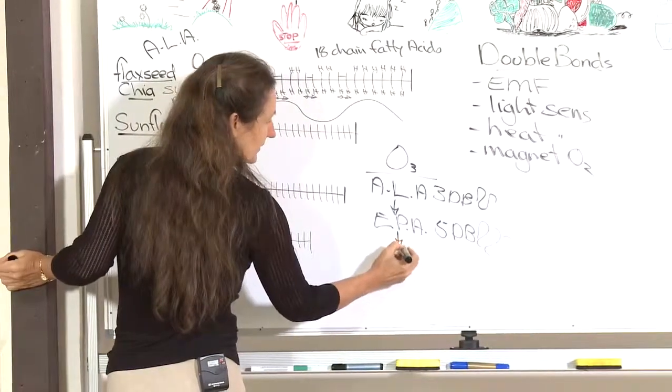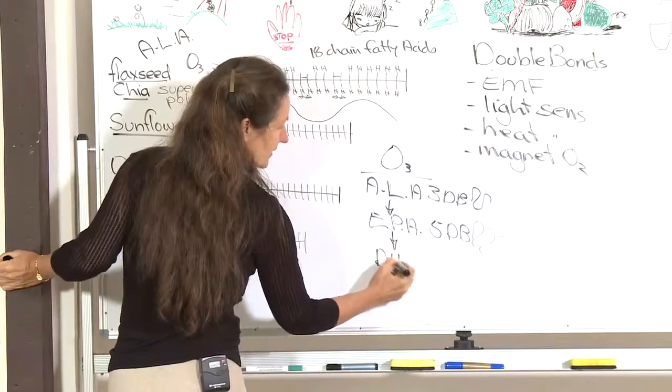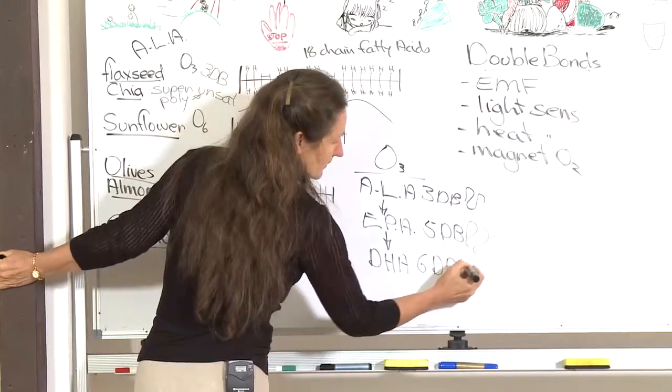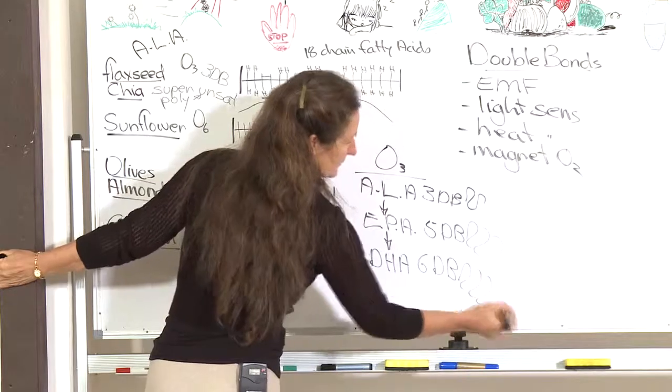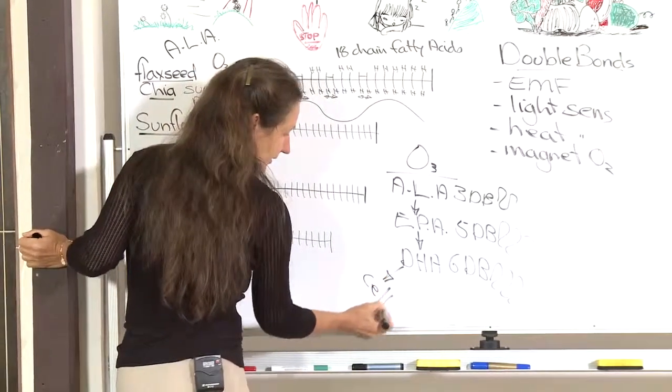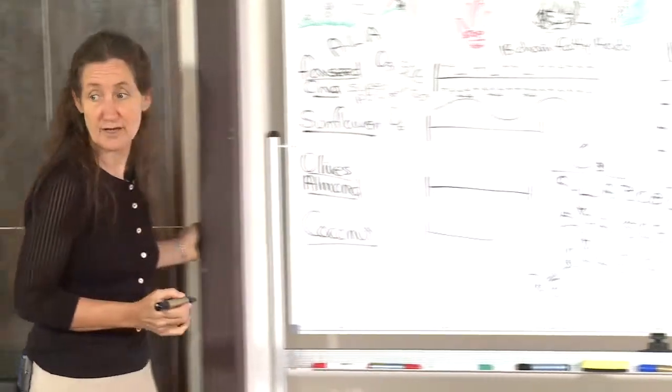In the body, EPA is converted to DHA, and DHA has 6 double bonds. 1, 2, 3, 4, 5, 6. Very fluid oil, and that oil is used exclusively by the body for cell membrane function and repair.